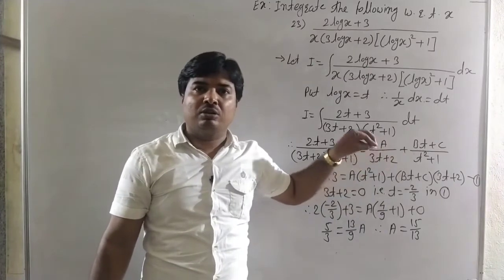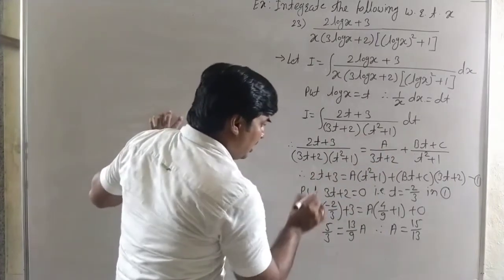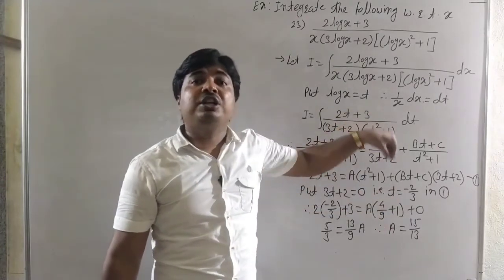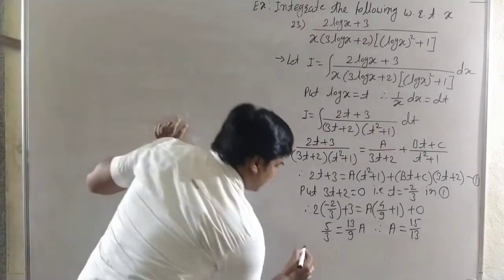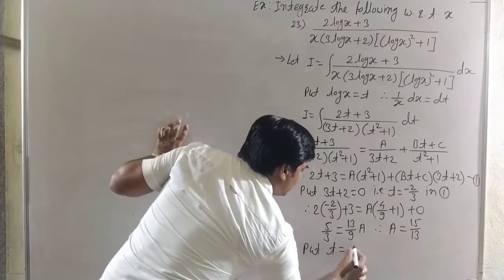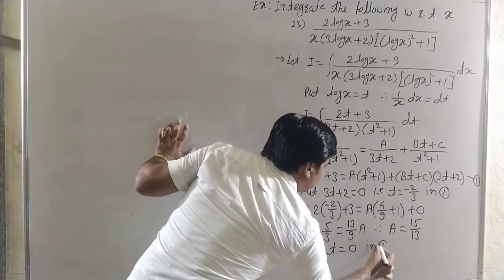Check all the calculations. Now to find the value of c, we put t equal to 0 in equation number 1.